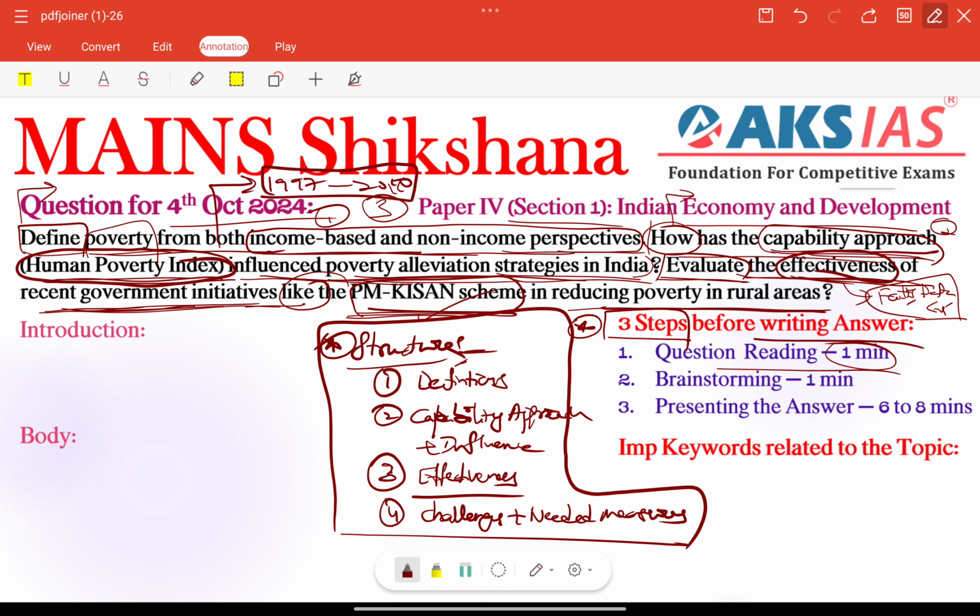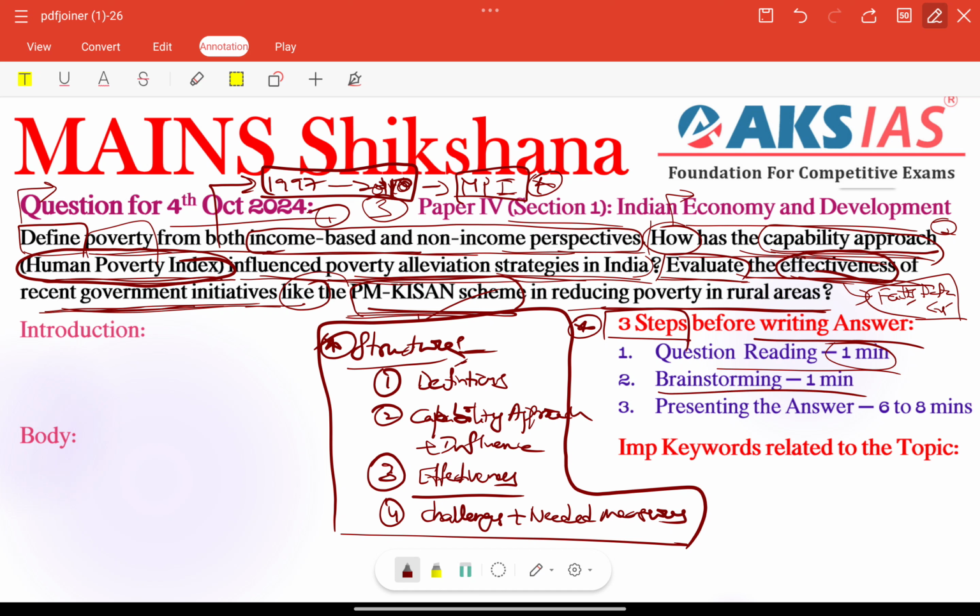The United Nations used this human poverty index, right? After that, from 2010 onwards, we have been using the MPI, multidimensional poverty index. That is the importance of this second part. No need to worry, we need to focus on some basics, right? So this is the perfect structure.